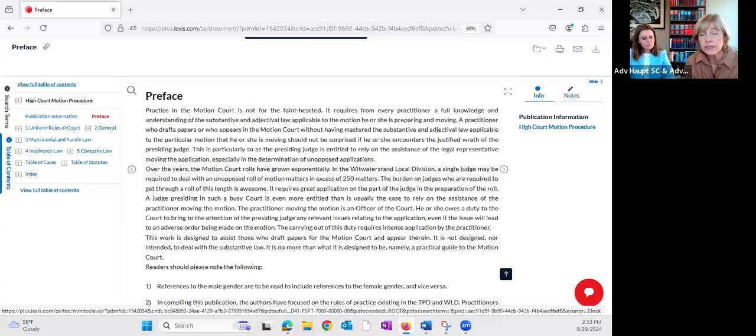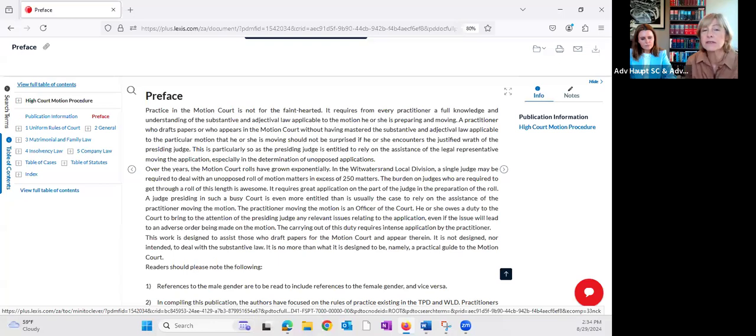Also, when service of the application would undermine the purpose for which the application is brought, for example, an Anton Piller order or a Mareva injunction, when there is a real fear that evidence may be destroyed if the other party were to have notice of the relief that is being sought.